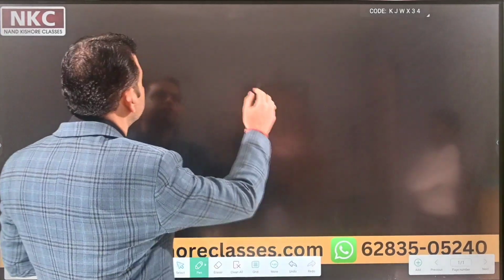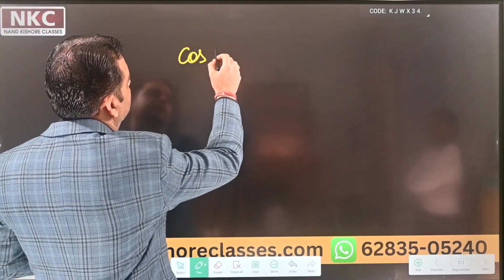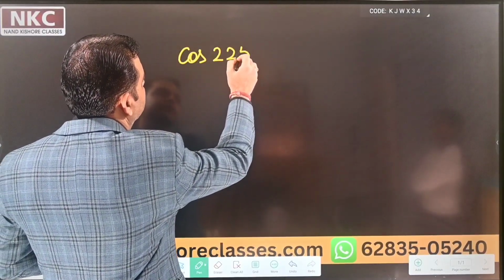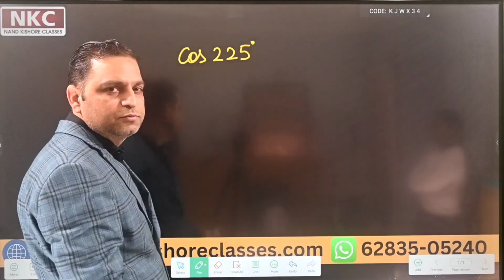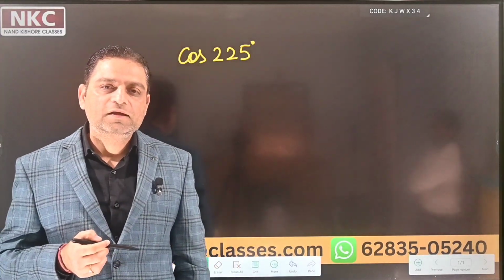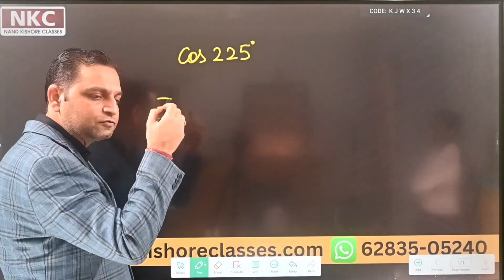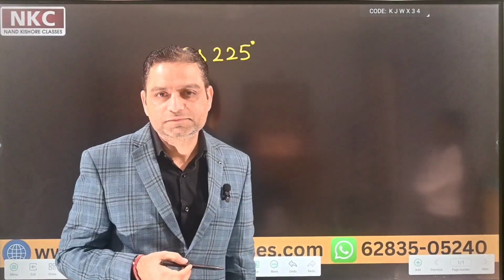For example, let's suppose you want to find cosine of 225 degree. Now for cos 225 degree, decide first of all in which quadrant it is coming.